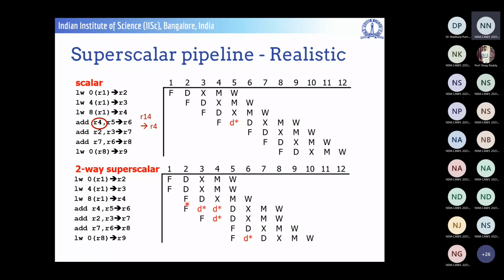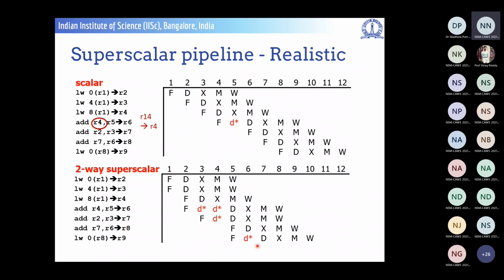Since they started in the fetch in the same cycle, unlike here where the add started one cycle later, here you have to push two bubbles. And as soon as you do that, this one starts later, and this is an in-order pipeline. So you have to put stalls here too. And here there is one more dependency that we created.